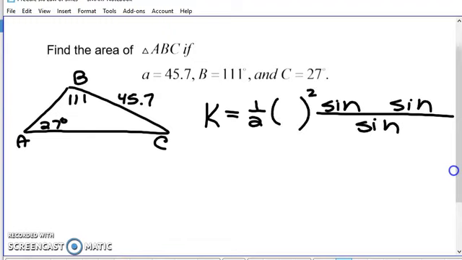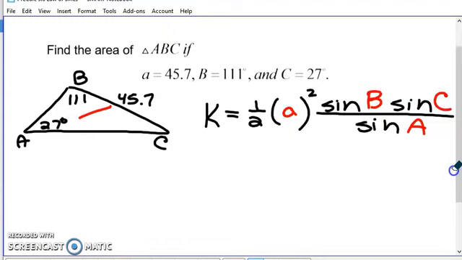If we want to slap a formula with this, remember we said whatever side is given, we put the angle opposite in the denominator. Because angle A, which is 27, is across from 45.7, A goes on the bottom, A goes here. This is B, it should be capital B. This is B, this is C.